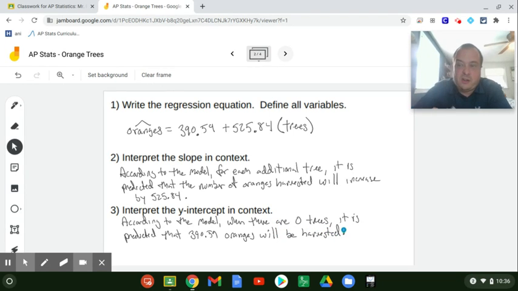All right, now in this context, does that really make sense? Not really, because, how can you harvest oranges if you don't have any orange trees? But again, that's what the model is predicting. It's kind of the starting point for our line right here.